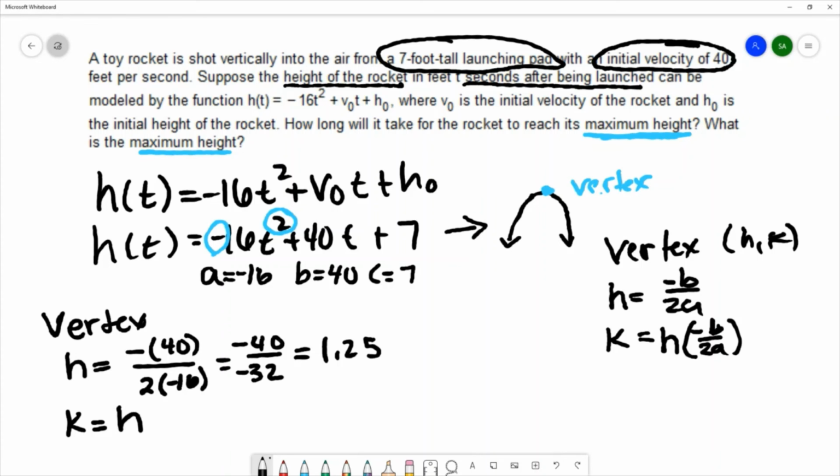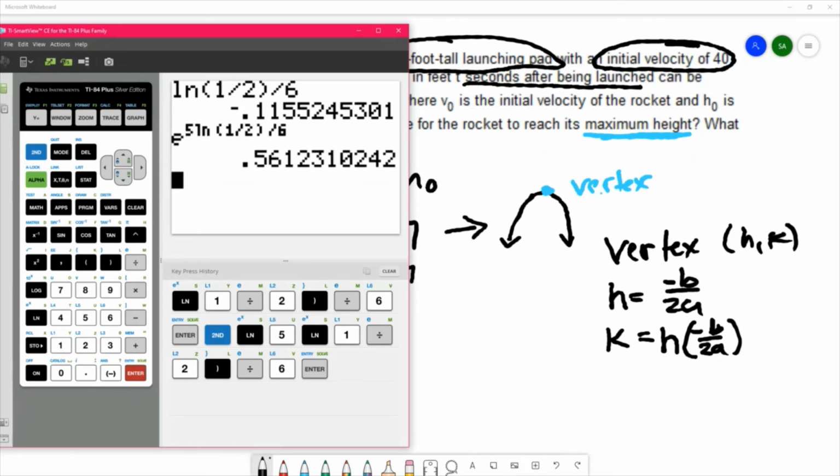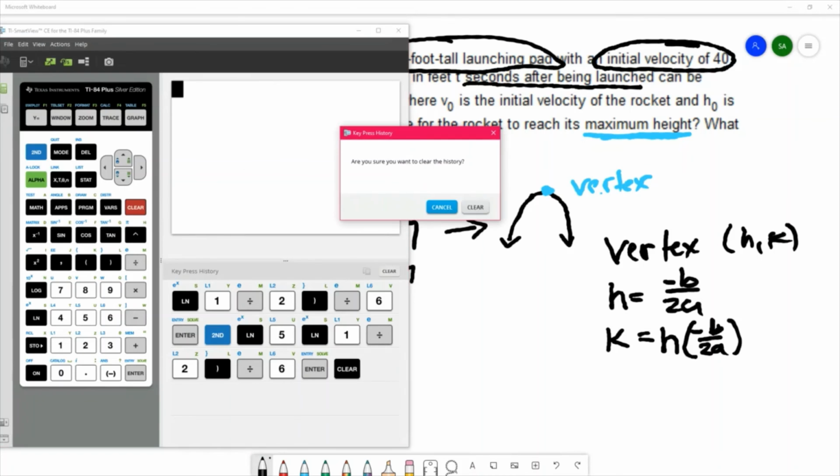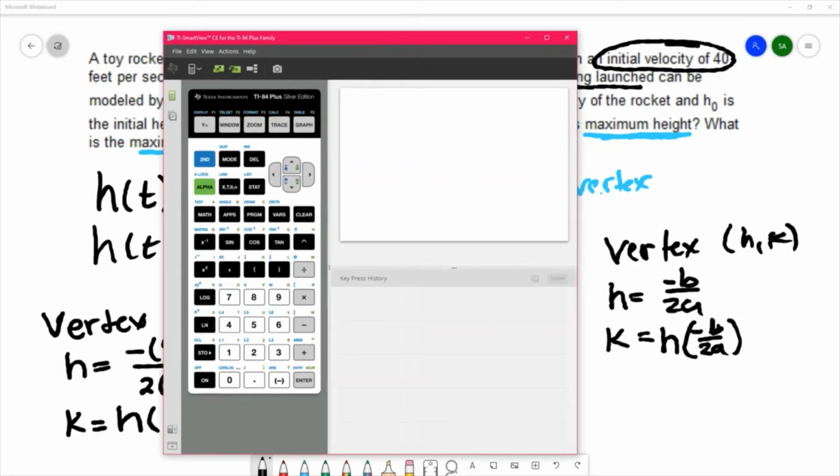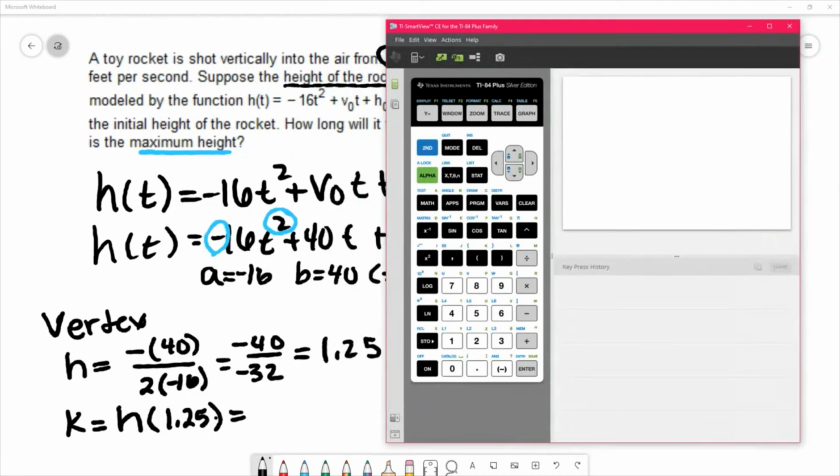So we're doing the height at 1.25 seconds, and we'll use our calculator to do this. Let me write it out first.